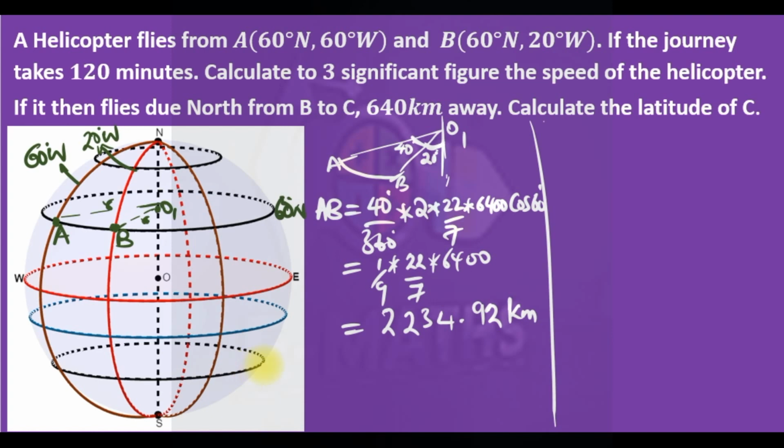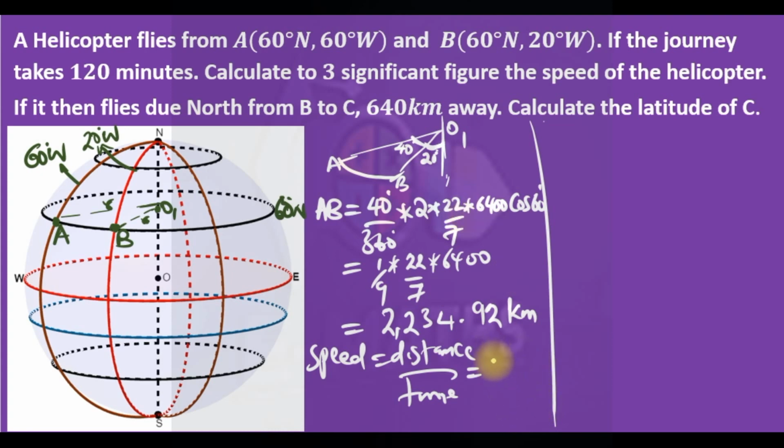But they ask us to find the speed. Speed is distance over time. They say kilometer per hour because they gave us 120 minutes, which means 2 hours.